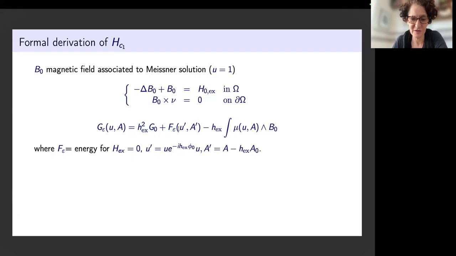So this F_epsilon of (u', A'), where u', A' are just like u and A, except you've gauged out some part of it. And F_epsilon is just like the Ginzburg-Landau energy, but without H_ex. So just set H_ex equals 0. So it's the same thing.